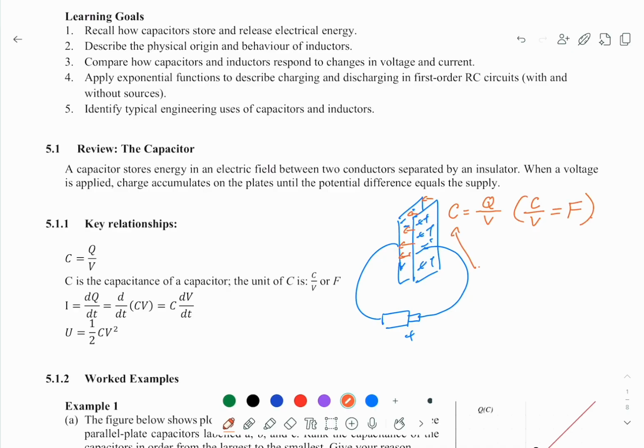Next is what determines the capacitance. Experimentally we find the capacitance of these two metal plates is proportional to the area and inversely proportional to the separation D. So this is the D, and the proportional constant is epsilon, which we call the permittivity of free space.